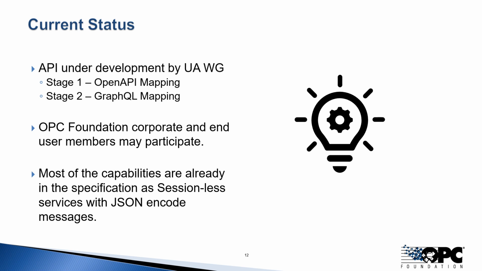Now, that said, and I really want to emphasize this, all the capabilities that you need to implement a RESTful API in UA applications are already in the specification as of 1.04 with the sessionless service calls. And what we're going to eventually end up with is going to look a lot like the sessionless service calls with some enhancements. So if you want to move forward with RESTful API development, you can do it today.